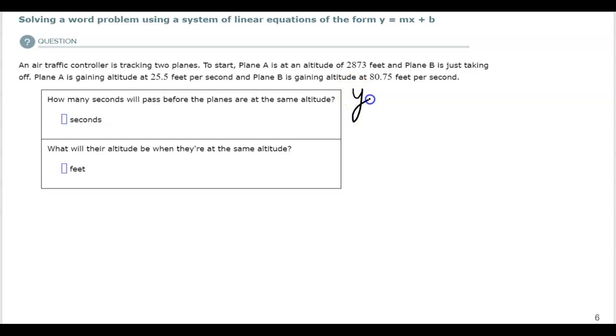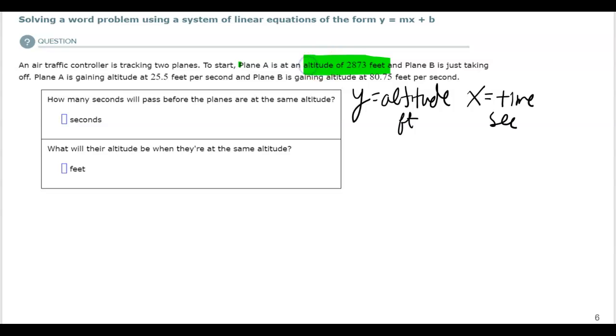So I'm going to say our output is altitude in feet, and our input is time in seconds. I'm going to go ahead and highlight everything relating to plane A. So it starts at that, and then it increases by that.